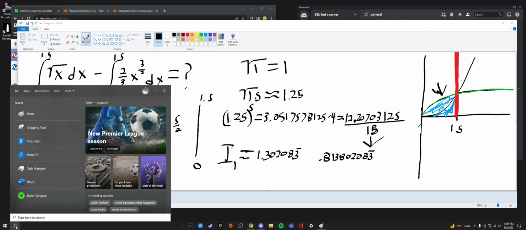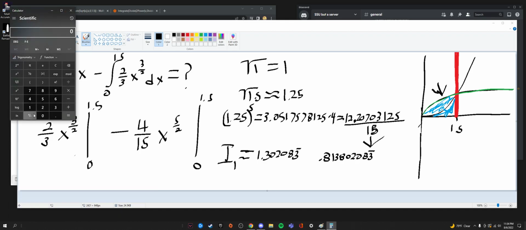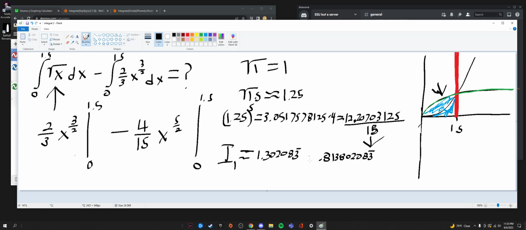Let me break out the calculator for once and actually find out. 12.207. Oops. Nope, we're good. Yep. Oh, did I forget a 0? Oh no. It's just, okay, shift that over by a little bit. Okay, yeah. That is correct. So this is I sub 2, our second integral, is equal to that.